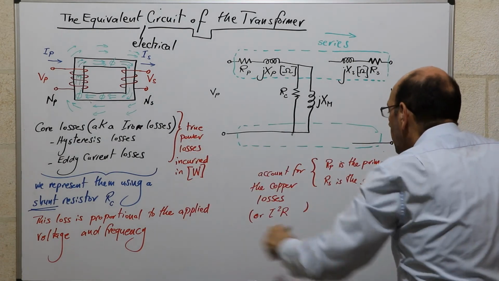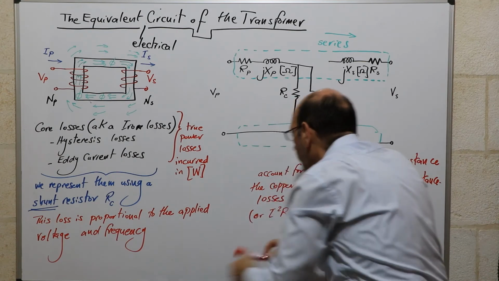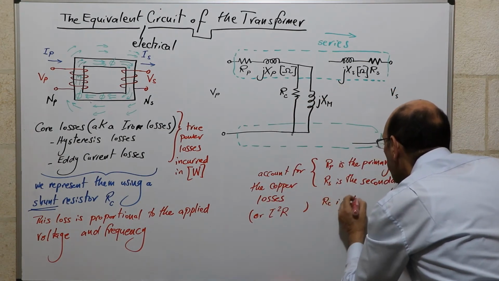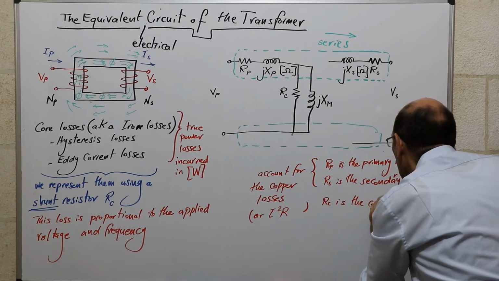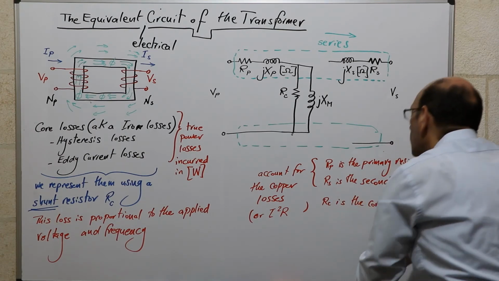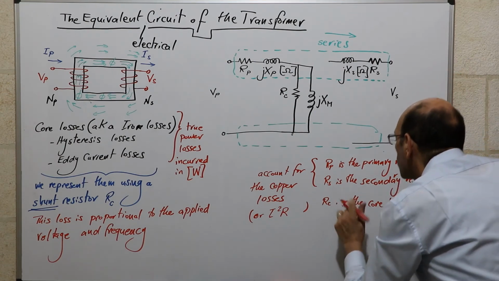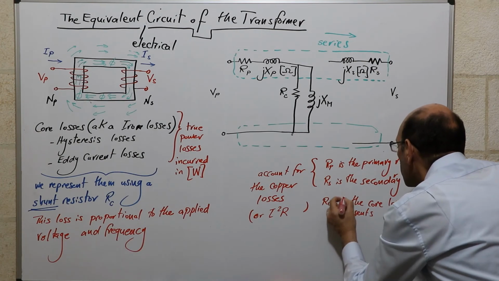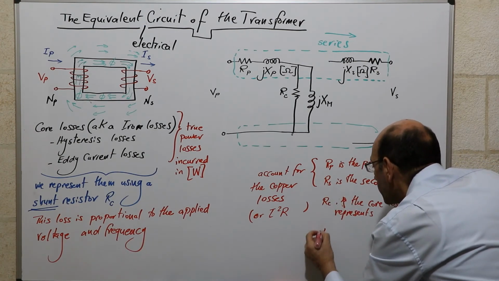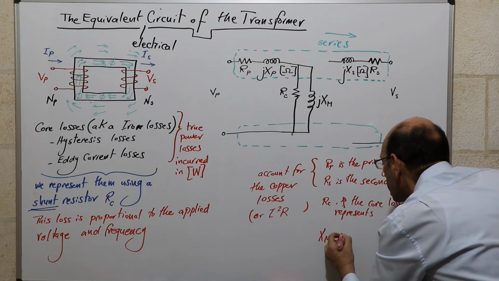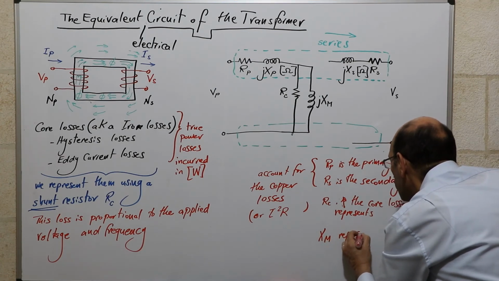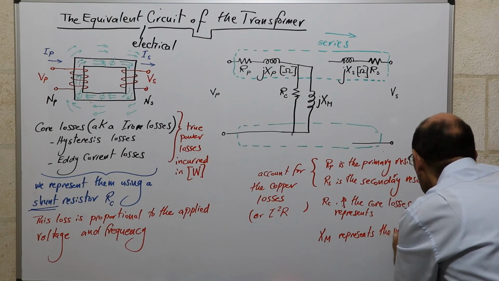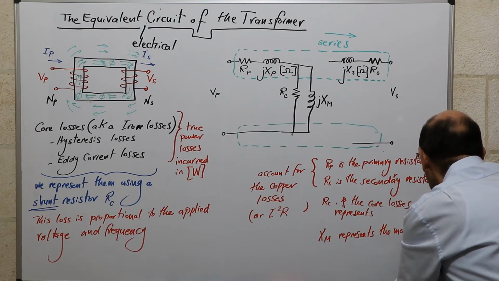So just to take R C from there, R C represents the core loss. And then X M represents the magnetizing current.